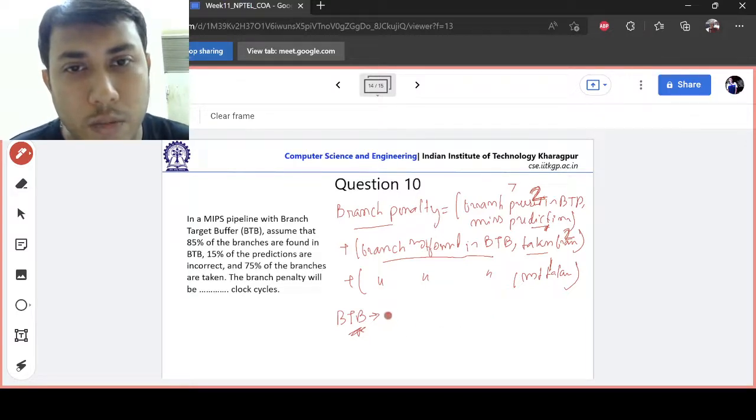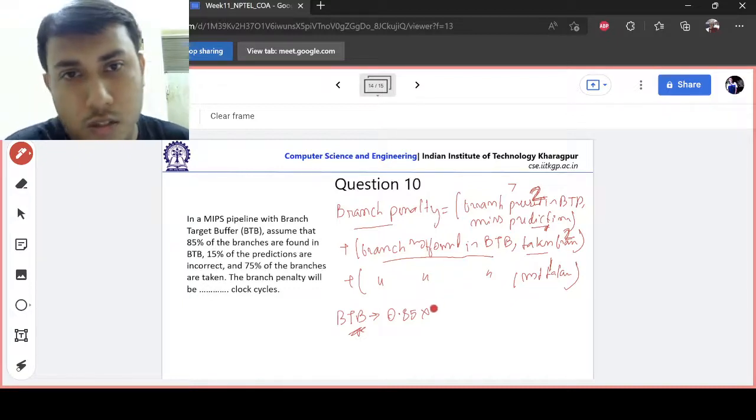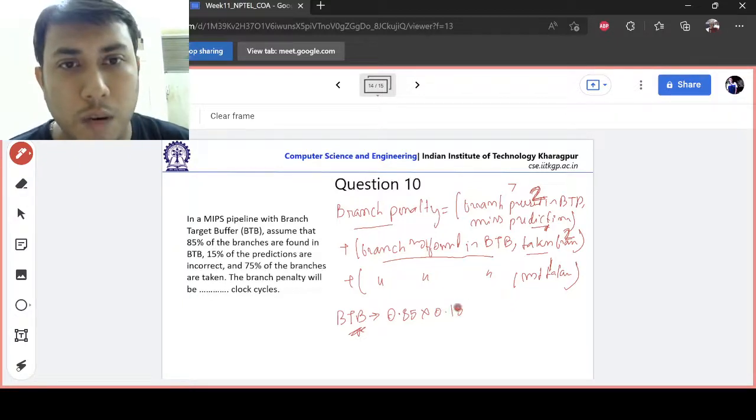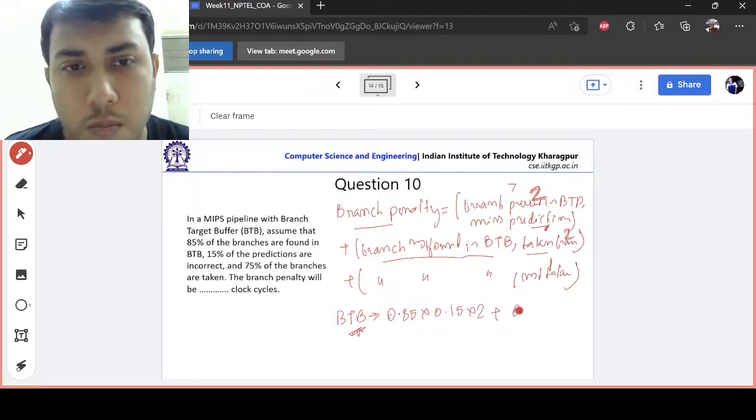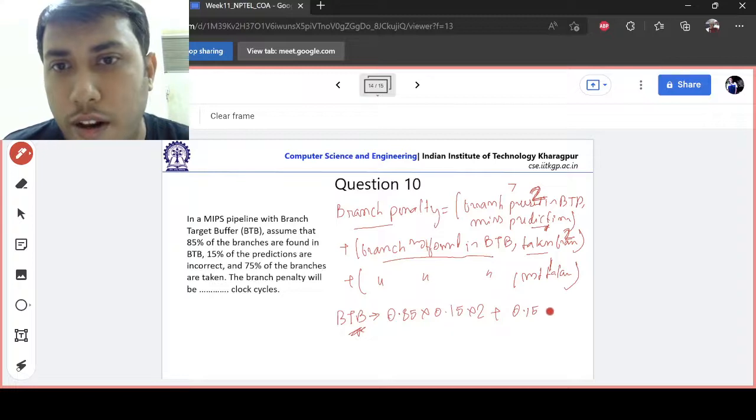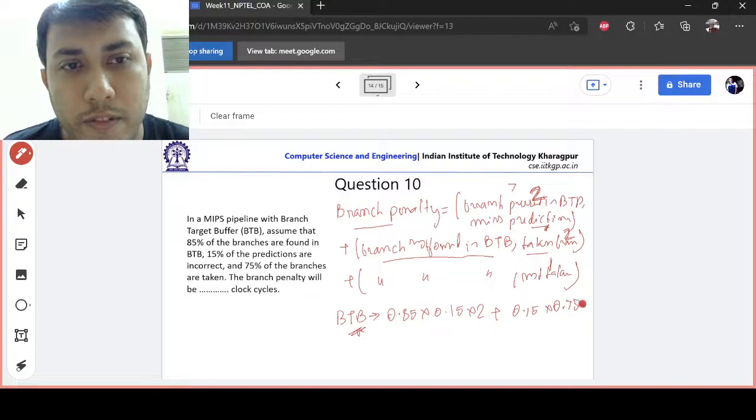So the first one will be 0.85 into, it is a misprediction, that is 0.15 into 2 plus branch not found in BTB, that will be 0.15, 75% of the branch are taken, into 0.75 into 2, and the last one will be 0.15 into 0.25 into 1.